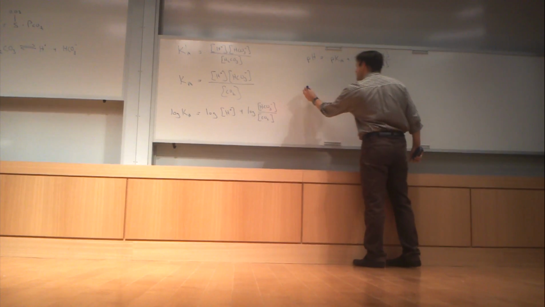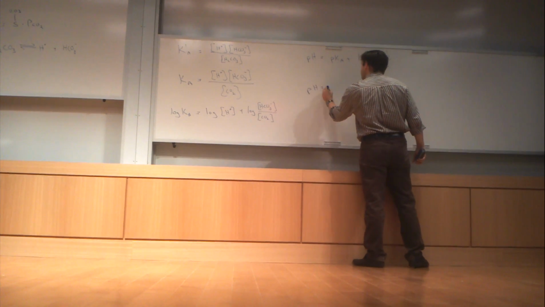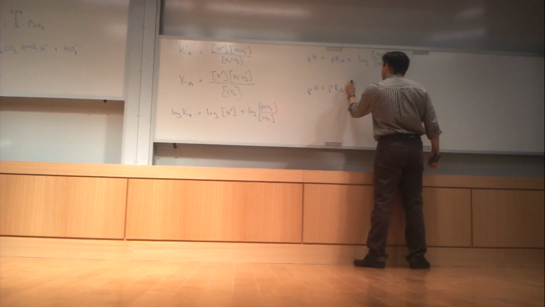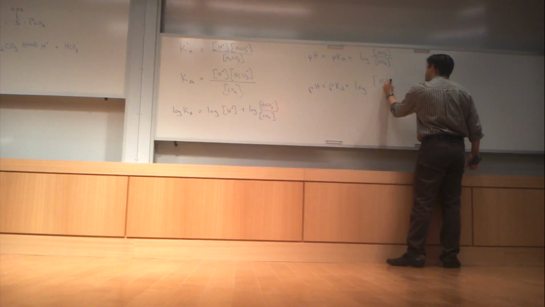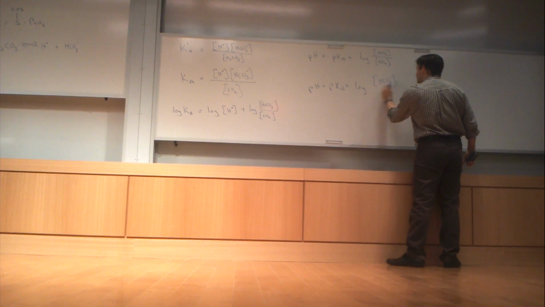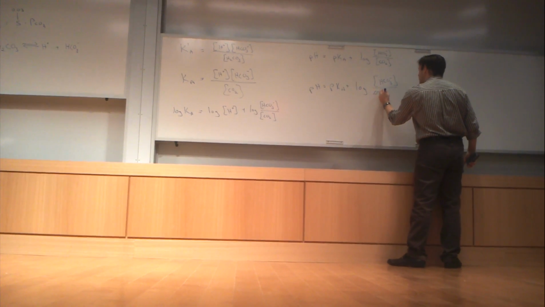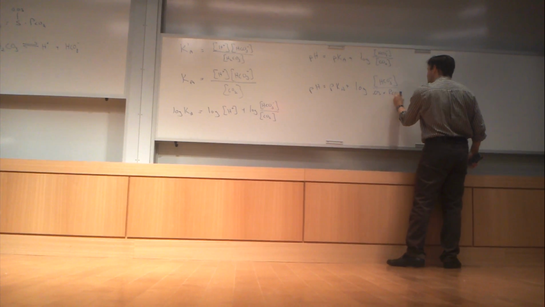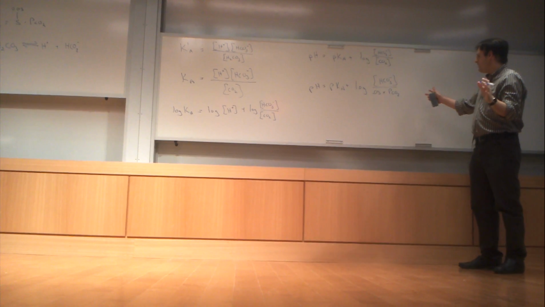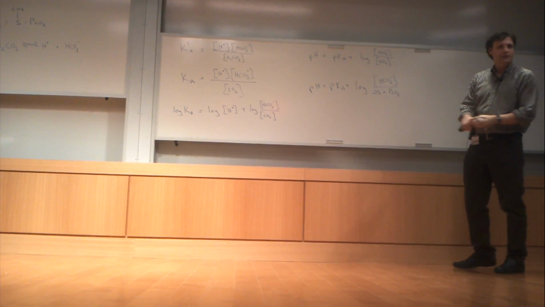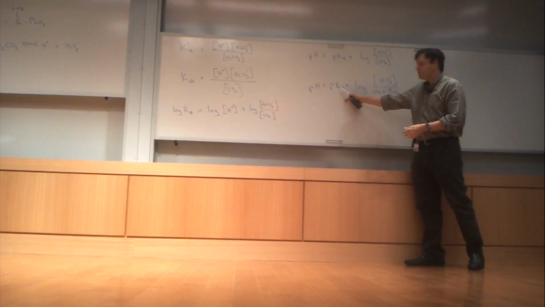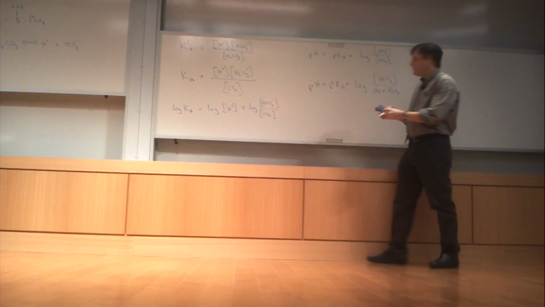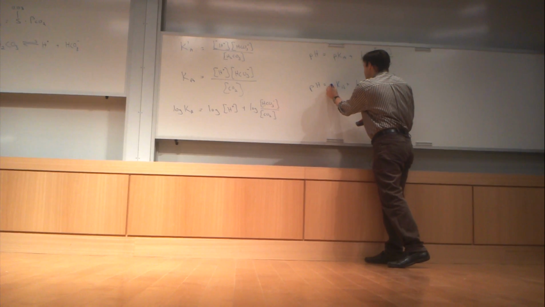So, if pH is pKa plus the log of the bicarbonate divided by 0.03 times the pCO2. All right. Now I have a beautiful equation. I measure the pH, I measure the bicarbonate, I measure the pCO2. The pKa is a constant that's known.